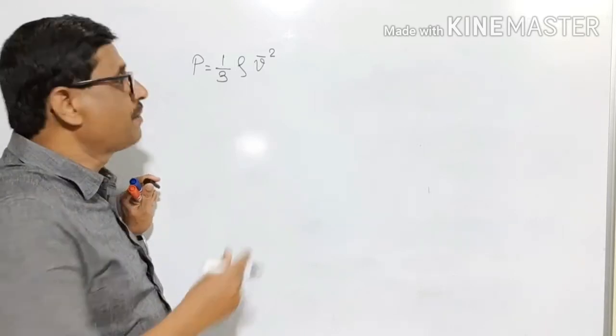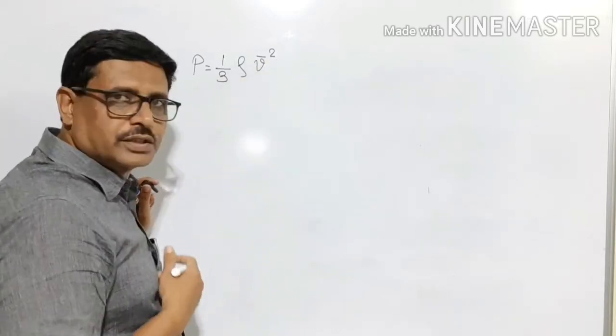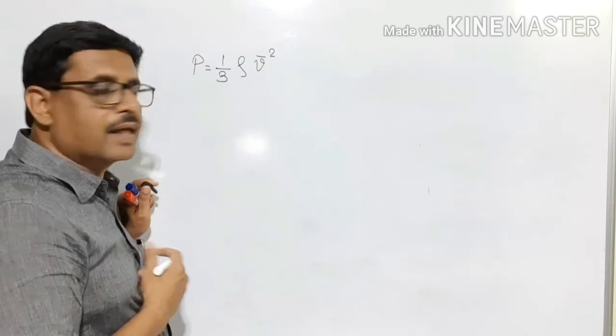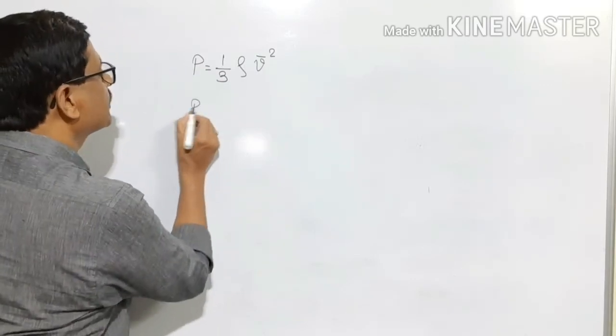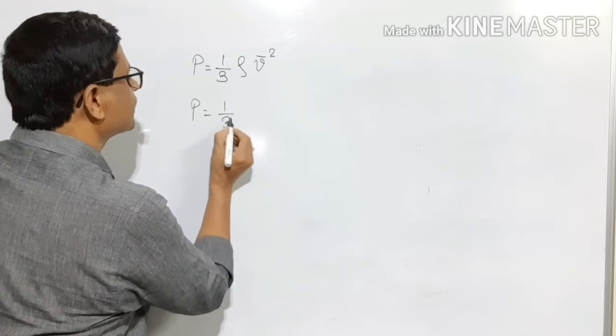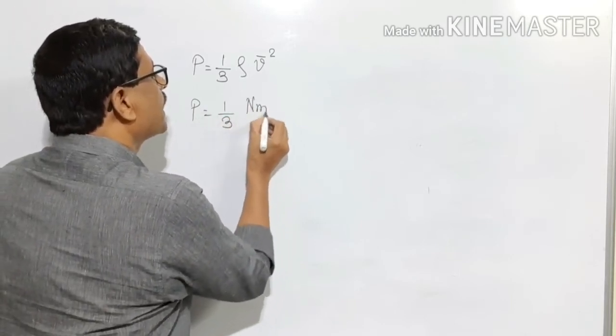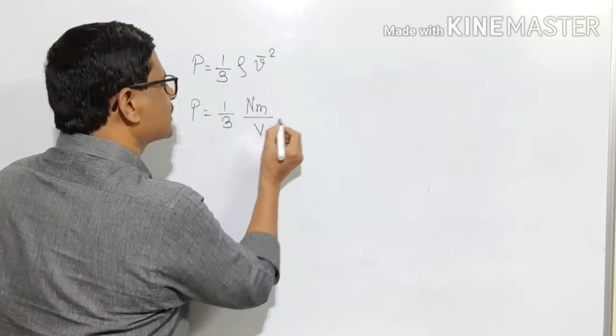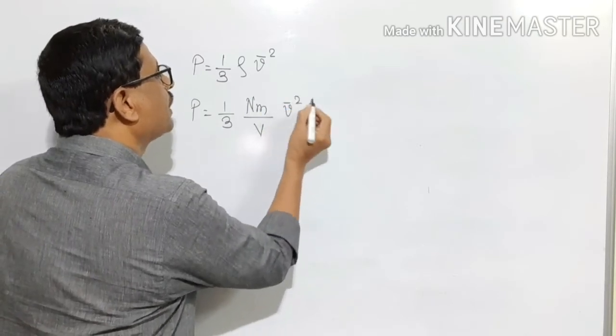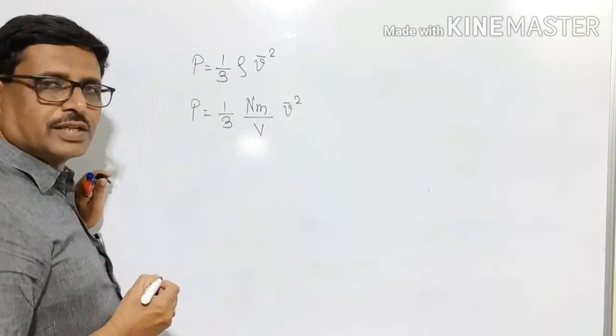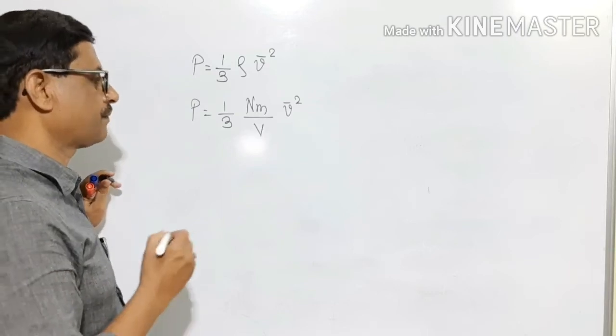V bar square is the mean square velocity. I will write this as the pressure exerted by the gas is equal to 1 by 3 into Nm, the total mass of a gas divided by volume into mean square velocity, that is V bar square.